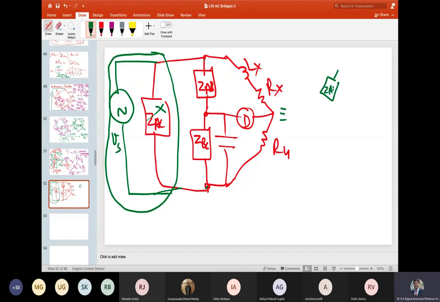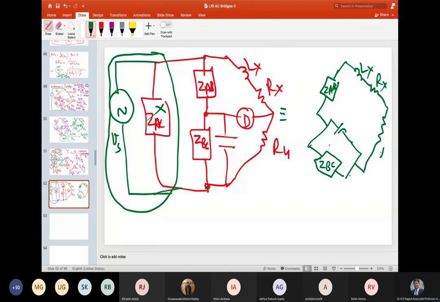So now what we get is, now we have ZAB. On this arm we have LX, RX, and on this side we have a capacitor in parallel with ZBC, so they are connected, and then the fourth arm is your R4, right?